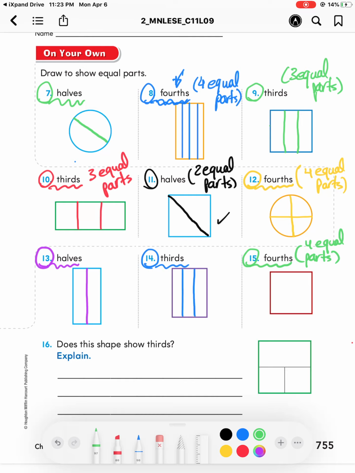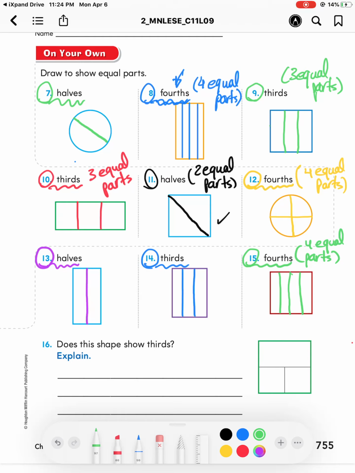So here the square, in order to split it into 4 equal parts, we can make it like this, okay? Or we can make it like this, 1, 2, 3 and 4. Of course, it's better to use the ruler, okay, in order to create equal parts.